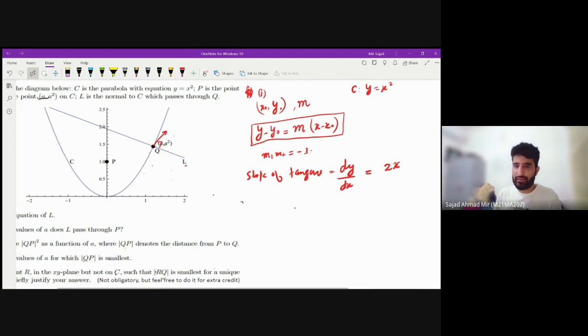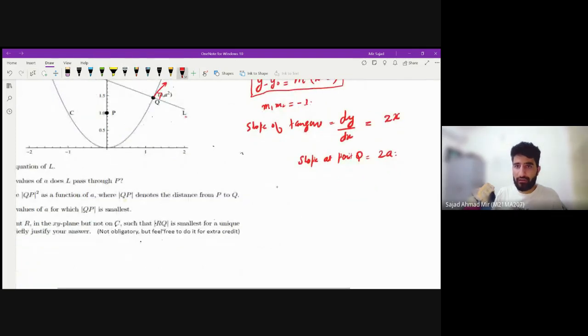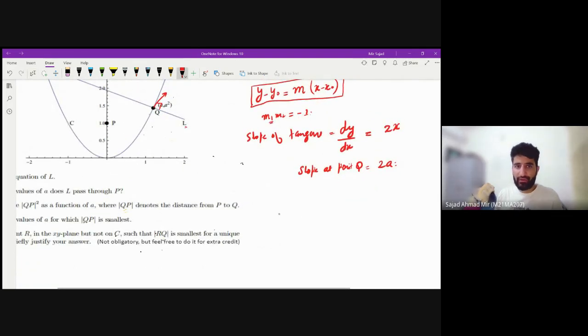And it passes through Q with the coordinates (a, a squared), so the slope at point Q is 2a. Using the concept of perpendicularity, the slope of the normal is -1 divided by the slope of the tangent. The slope of the tangent is 2a, so our m, the slope of line L, is -1 by 2a.